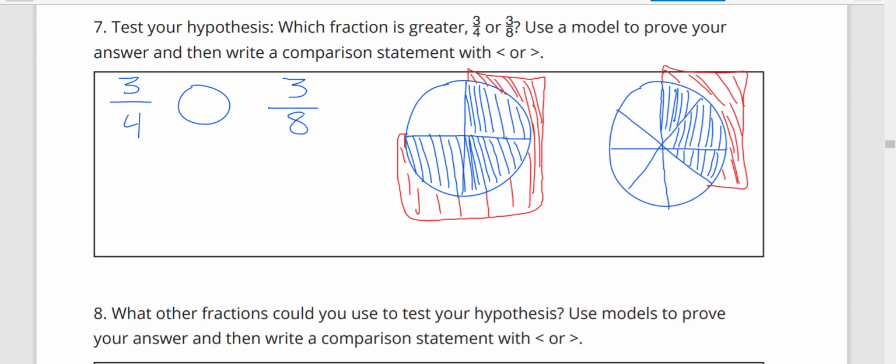So 3/4 is more than 3/8. When we compare two fractions with the same numerator, look at the denominator. The greater the number, the smaller the fraction. Okay? Smaller fraction.